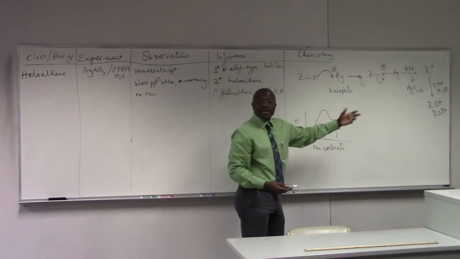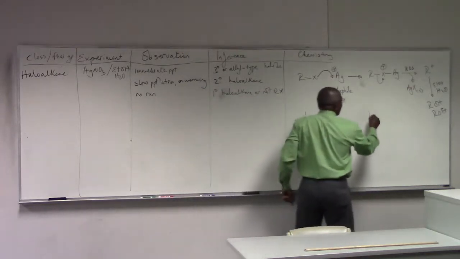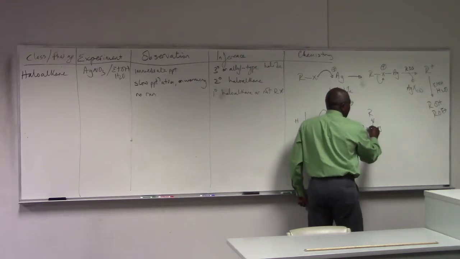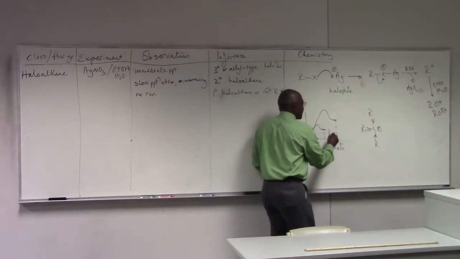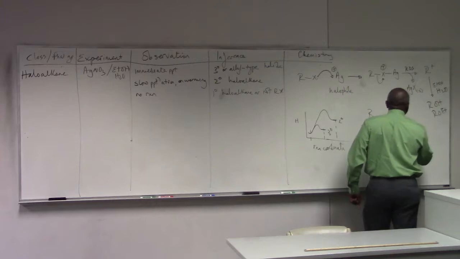When is the carbocation stable? When it is tertiary, right? So there are multiple R groups feeding electron density into the carbocation, right? So when it's tertiary, it's very stable, so it forms rapidly. This is tertiary, this is secondary. Or when it's allyl type.